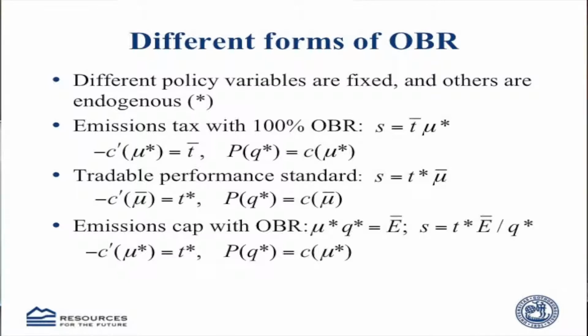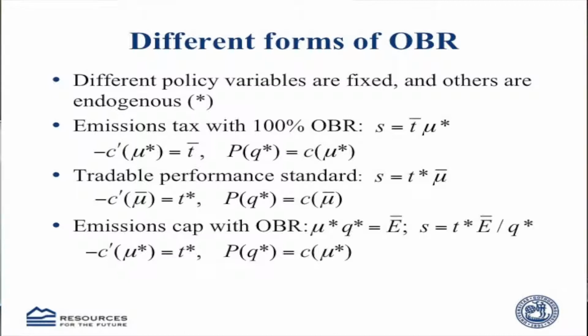The equilibrium subsidy is going to be the tax price times the equilibrium emissions intensity, and that's going to be determined by the tax. And then you have output prices in equilibrium. The tax and subsidy wash out, so it just equals whatever costs are at that new equilibrium emissions intensity.